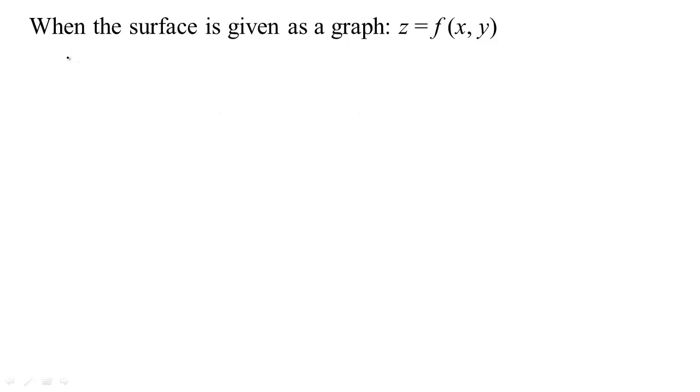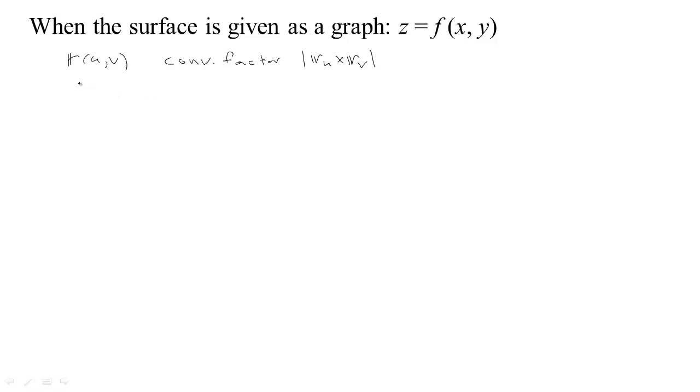Now we've already seen that if you have a parametric surface, so if you have your location as a function of u and v, then the conversion factor is going to be the length of r sub u cross r sub v.